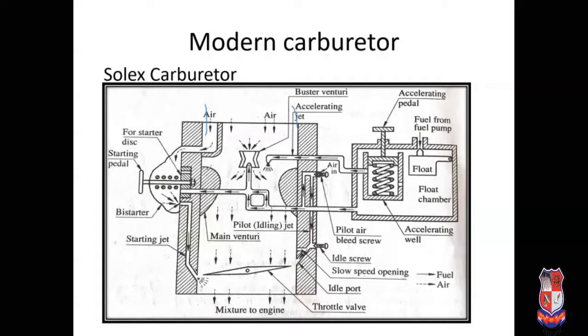There is a Venturi tube, a Venturi throat, this one, and one primary nozzle is connected to the float chamber. Here there is one additional arrangement, that is the acceleration pedal. We can say acceleration pump. The acceleration pump is connected to the acceleration jet.